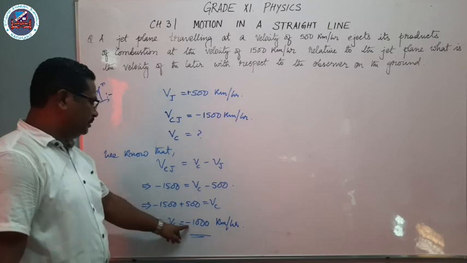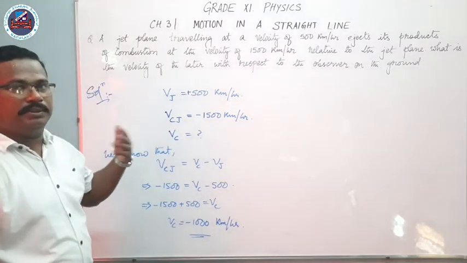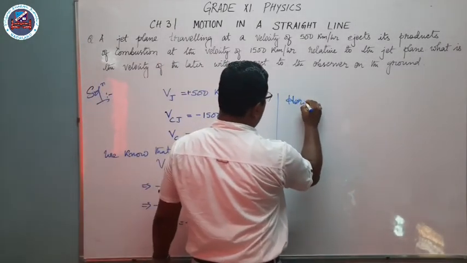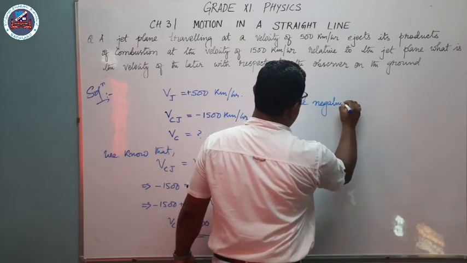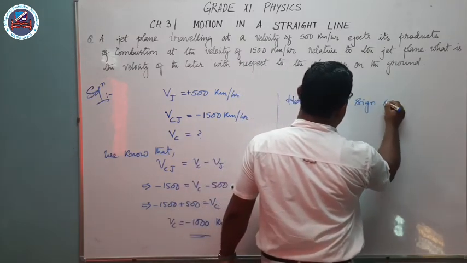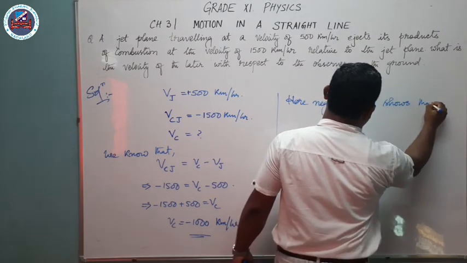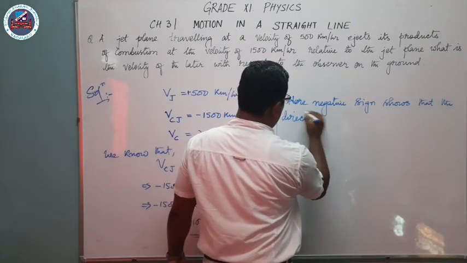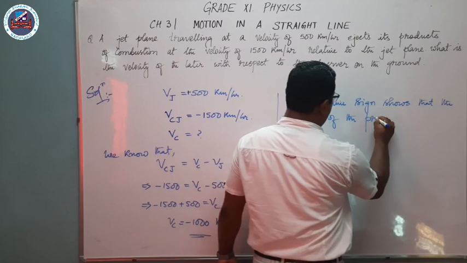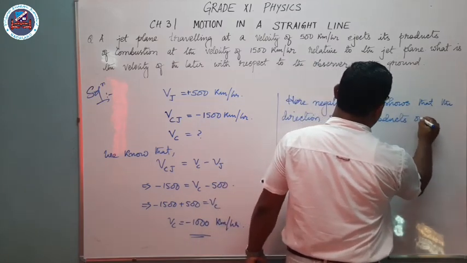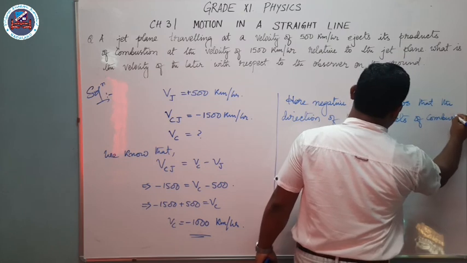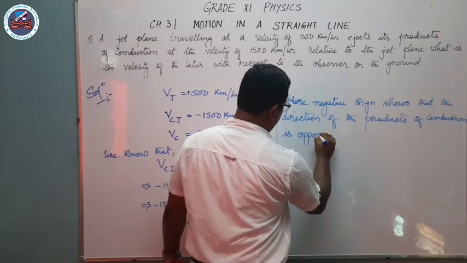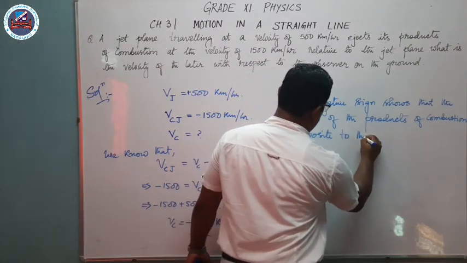This negative sign shows that the direction of the products of combustion coming out from the jet plane is opposite to the jet plane.